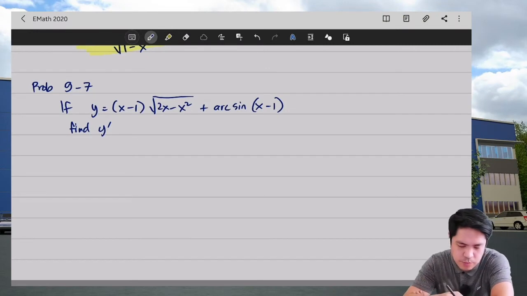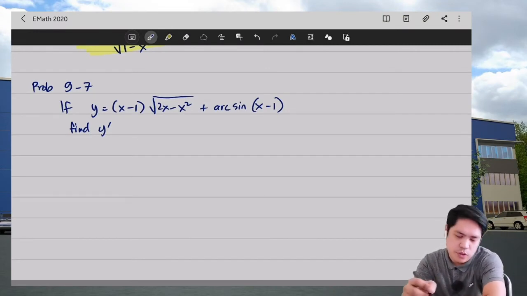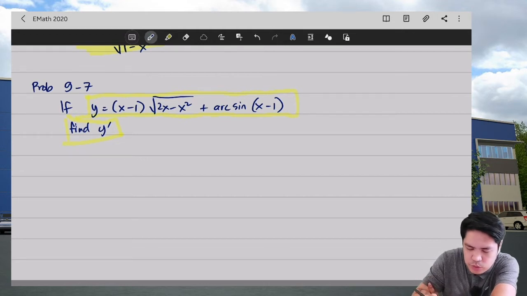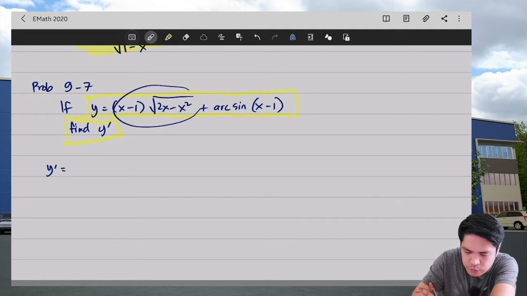Okay, let's try problem 9-7. If y is equal to this function, let's find y prime. Okay, how do we do this? Same rules as before. For the first term, we just use the product rule.